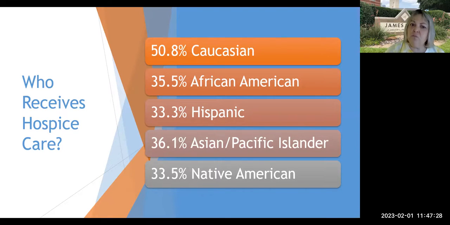African Americans, we're at about 36% of African Americans will receive hospice care. Hispanics are at about 33%. Asian Pacific Islanders at about 36%, and Native Americans at about 34%. Those numbers are up.